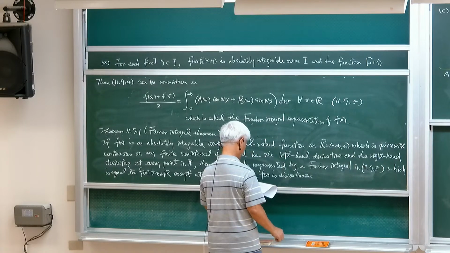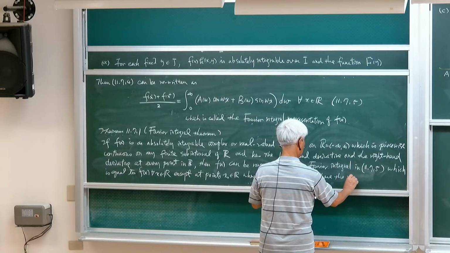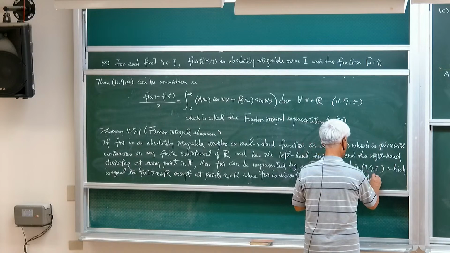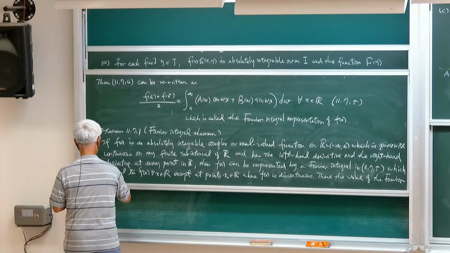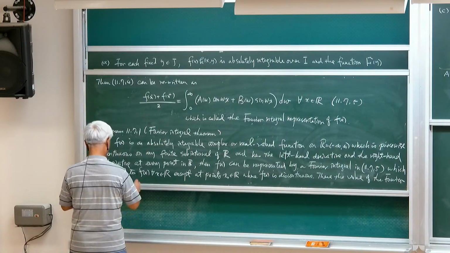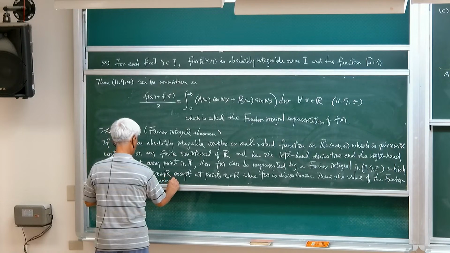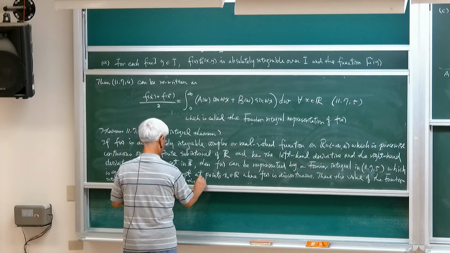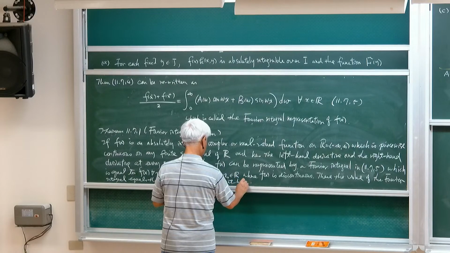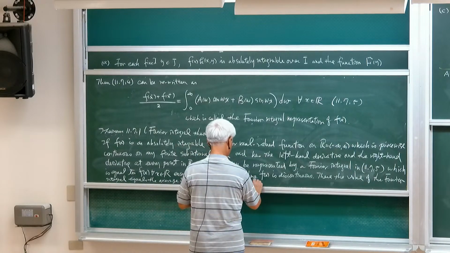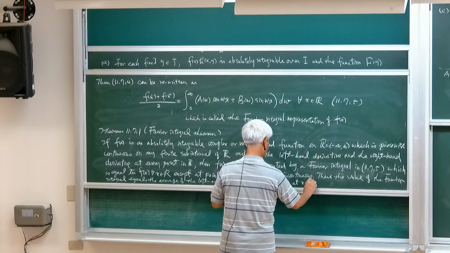Okay, there the value of the Fourier integral equals the average of the left and right hand limits of f of x at x equal to x 0.